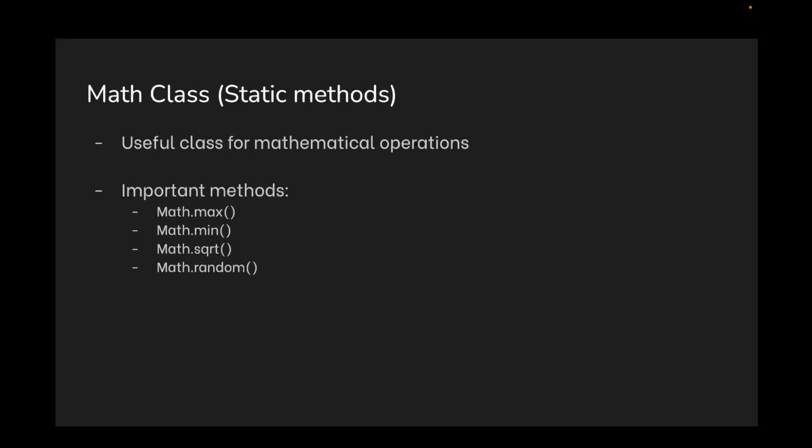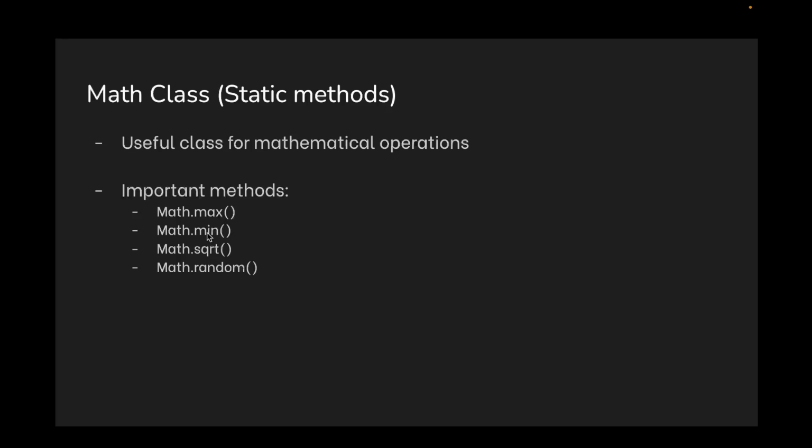You wouldn't literally pass in a and b. I'm just saying a and b because those would be variables. So let's say Math.max(1, 2), that would return 2, because returning is like the result of that calculation or whatever operation the method is doing. So in that case we return 2.